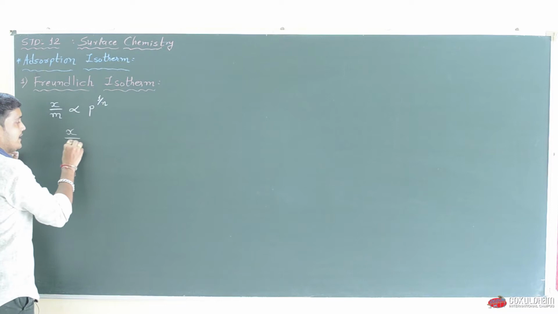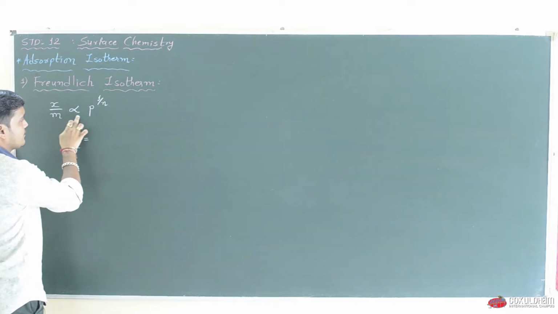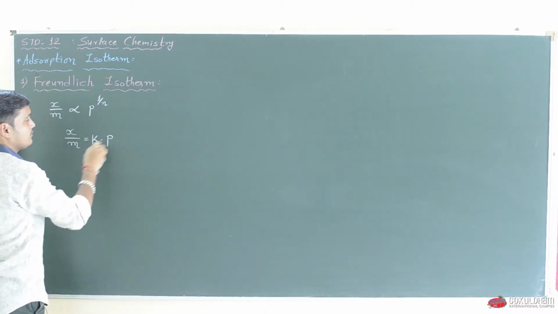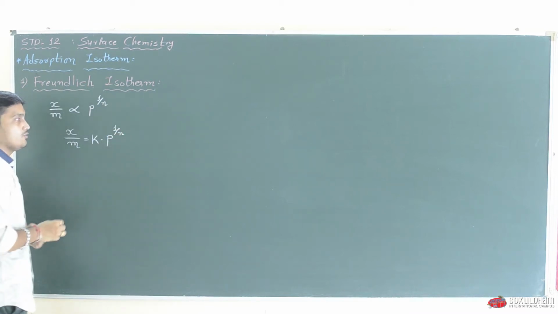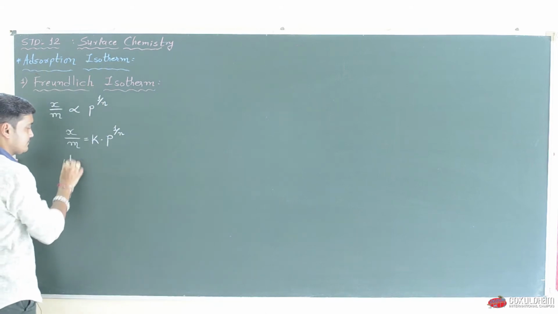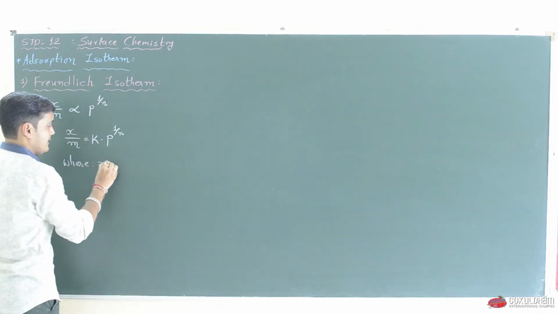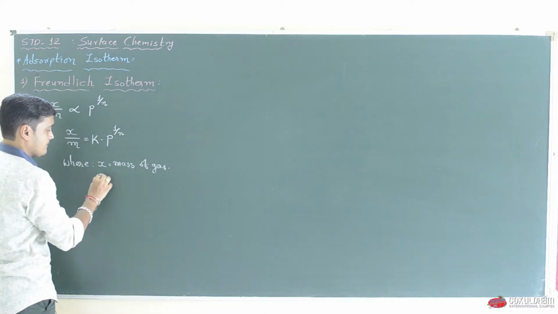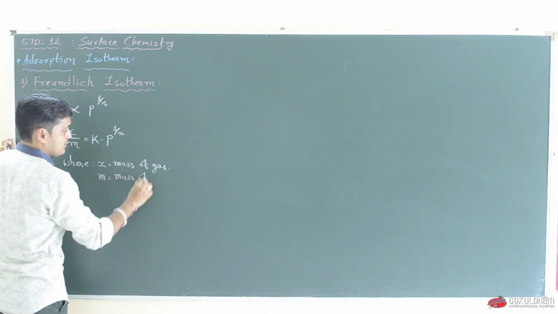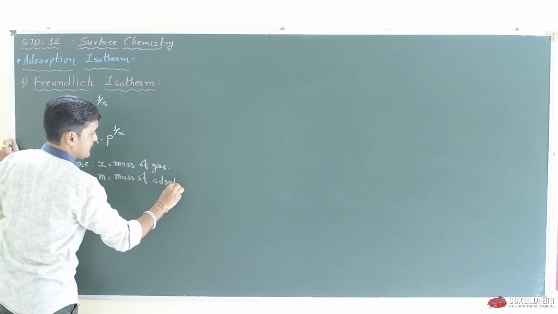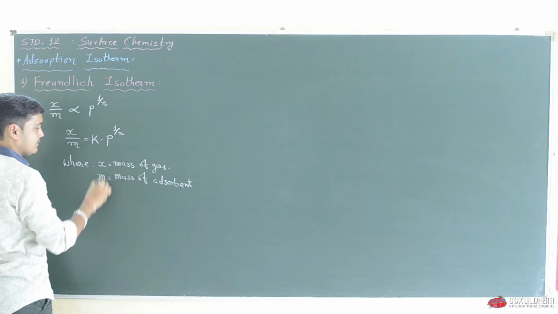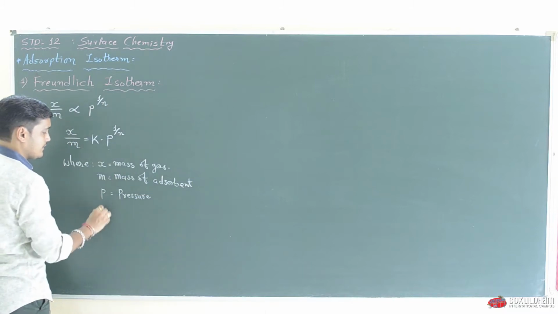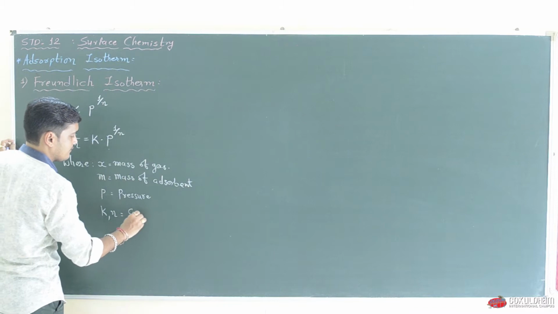If we remove the proportional sign, then the proportionality constant k comes in: x by m is equal to k into p raised to 1 upon n, where x is the mass of gas, m is the mass of adsorbent, P is pressure, and k and n are both constants.